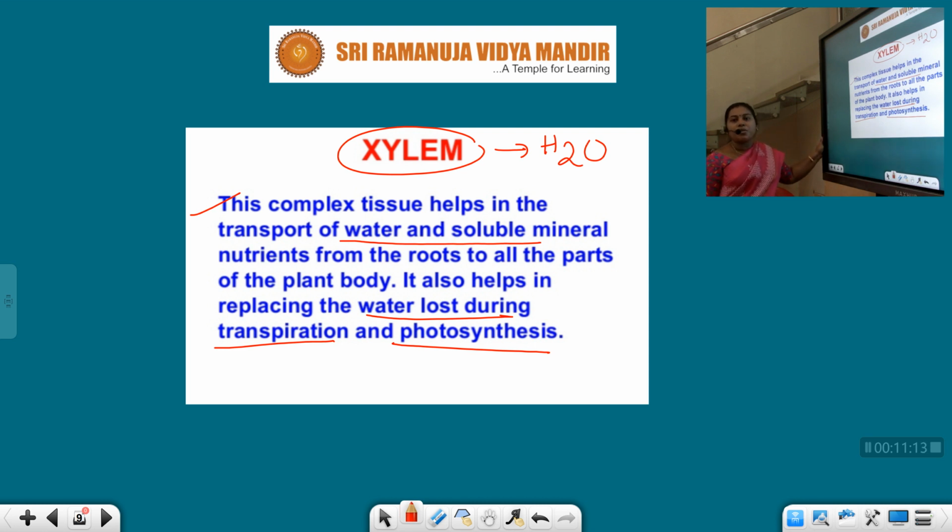Transpiration is one of the processes of excretion by our plants, the loss of water through the leaves. Photosynthesis is a food making process. Generally plants synthesize food material by using water and carbon dioxide. So it is the xylem that helps in replacing the water lost during transpiration as well as photosynthesis.